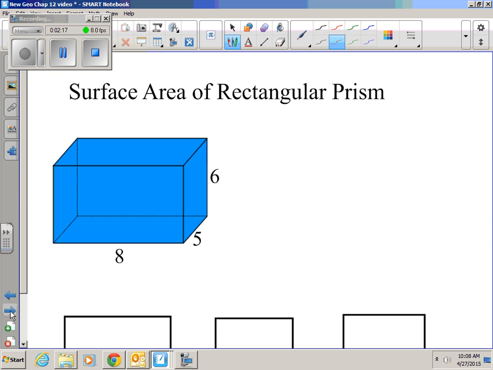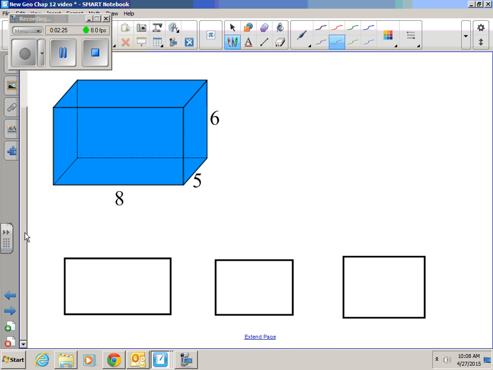Let's talk about the surface area of a rectangular prism. The formula is just you've got to find the area of all the faces. In this particular case, I have 6 faces. I have my bases, which are these two right here. This is going to be 5 by 8.